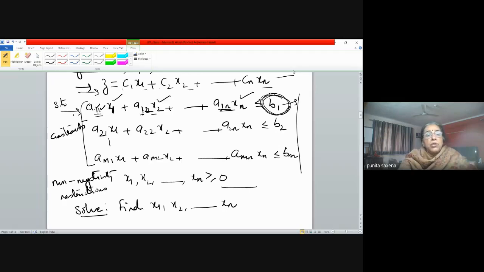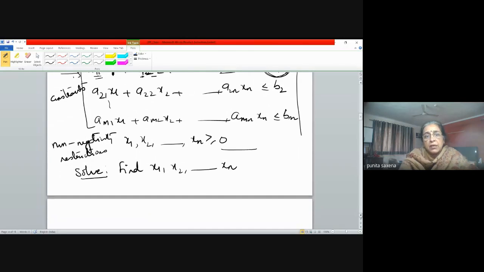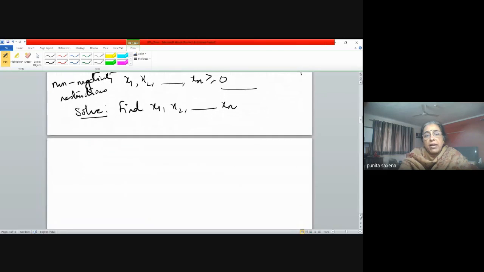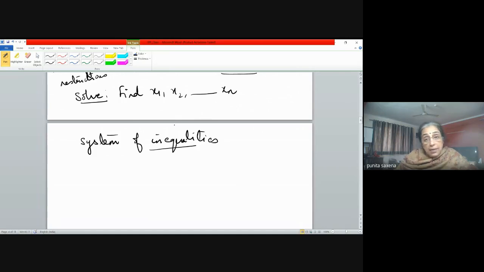Okay. Now, if you just look at constraints, what are they? They are a system. How many of them are there? Like in general, there are m of them. Okay. So in a way, when we are finding x1, x2, xn, we are finding in such a manner that they satisfy the system of inequalities. यही हो रहा है ना कि हमारे पास inequalities हैं, equations नहीं है, we have inequalities.